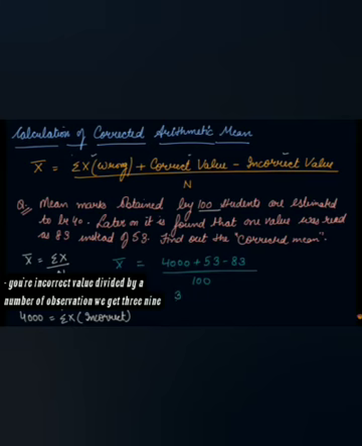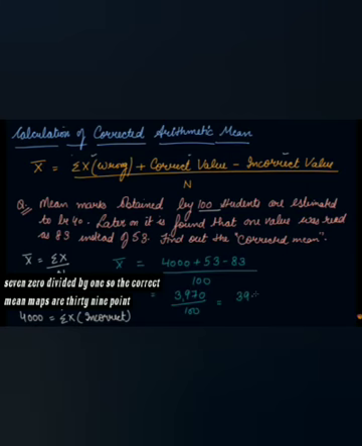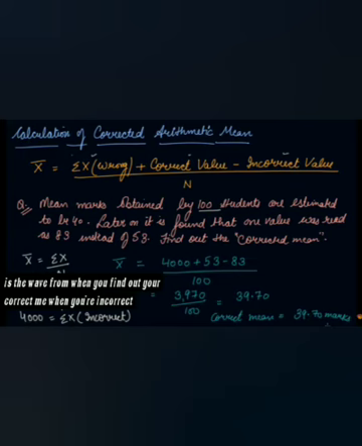We get 3970 divided by 100. So the correct mean marks are 39.70. So this is the way you find your correct mean when your incorrect mean is given and some of the observations are taken wrong.